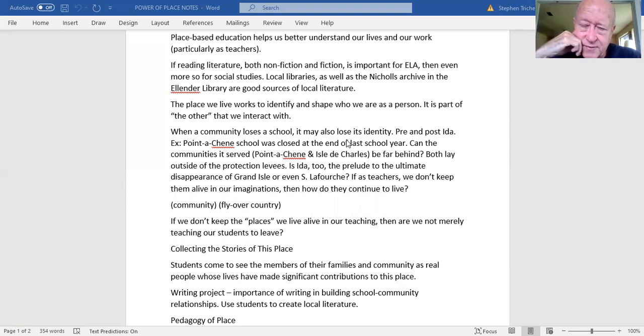Talking to the apartment people I worked with, I realized that people were leaving their rural communities in Southwest Louisiana, particularly, and moving to Lafayette, because I was working out of Lafayette at the time. And so you saw that kind of out migration within the state and then out of the state.